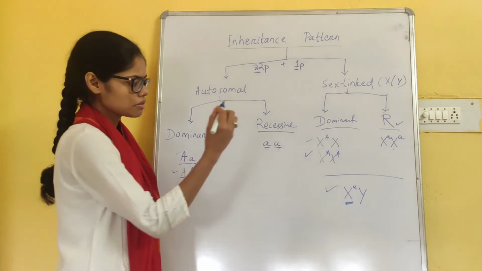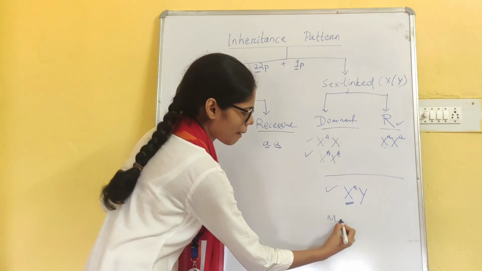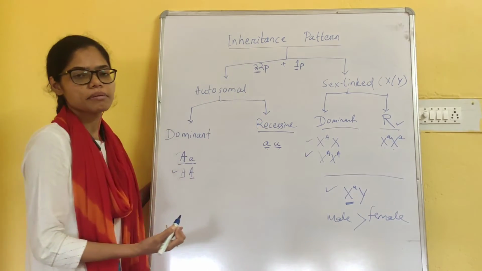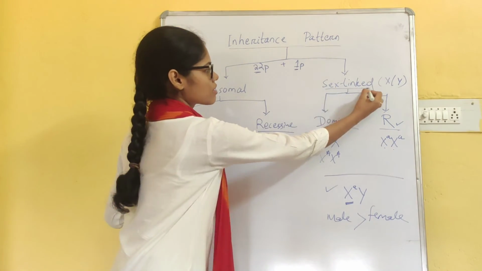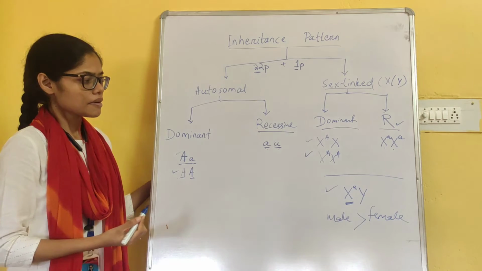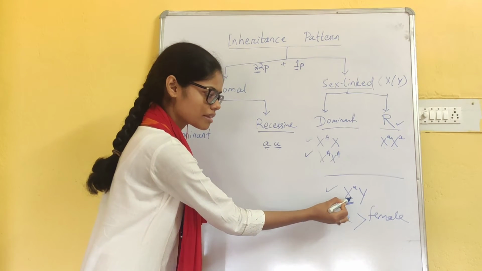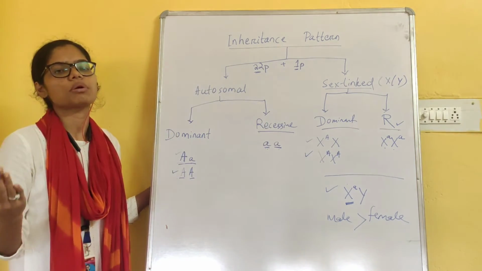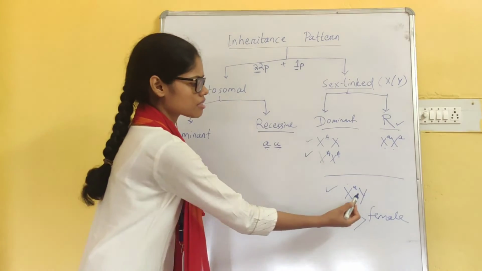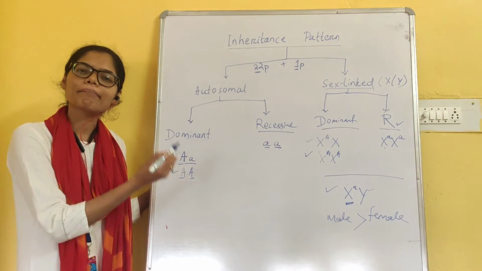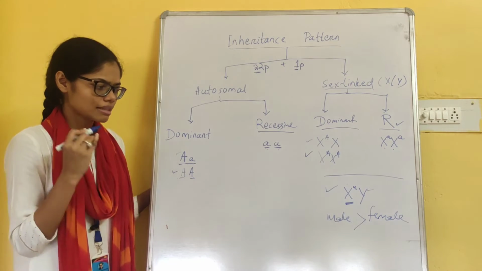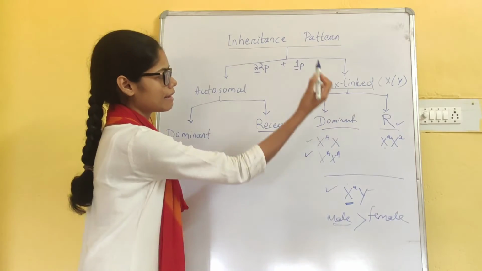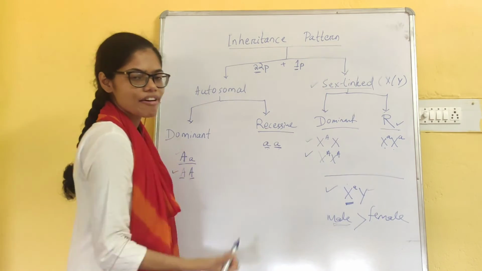So this is the reason why males are more affected than females in sex-linked disorders. Because they contain only one X chromosome. If that single X chromosome contains the affected allele, then the individual will be affected. And again, if the disease is Y-linked, then also only the male will be affected, not the female. So that is the main reason why more males are affected in sex-linked disorder than females.